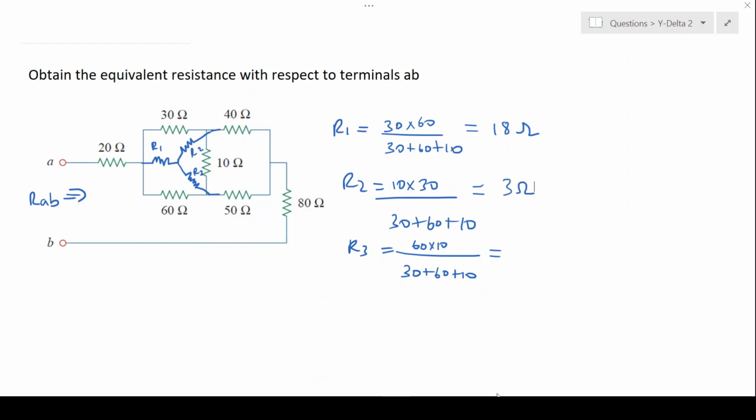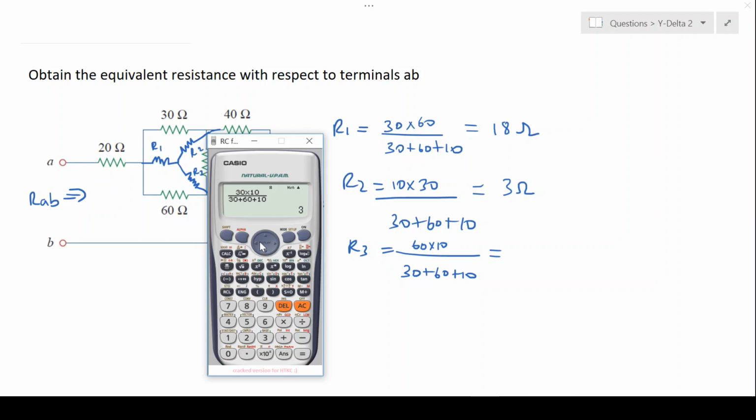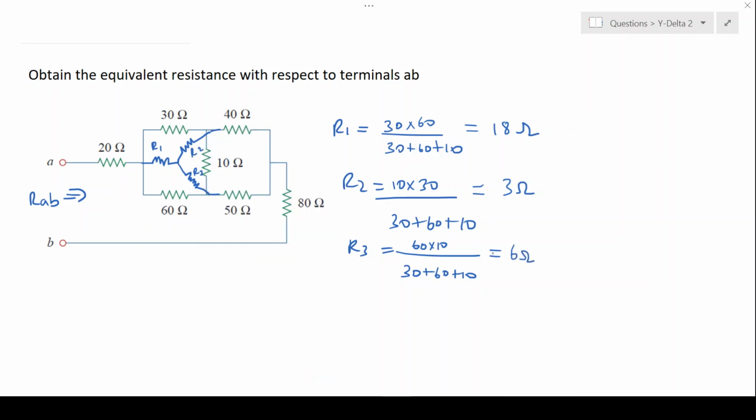And the last one is 60 times 10, and that gives us 6 ohms. So we have R1 as an 18 ohm resistor, R2 a 3 ohm resistor, and R3 as a 6 ohm resistor.